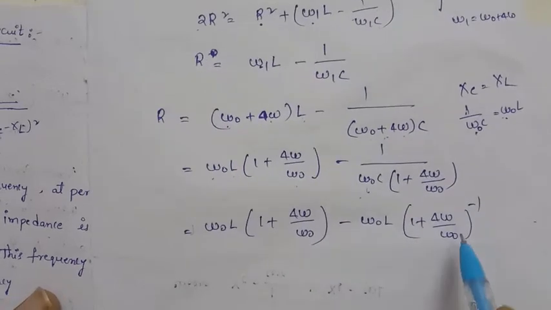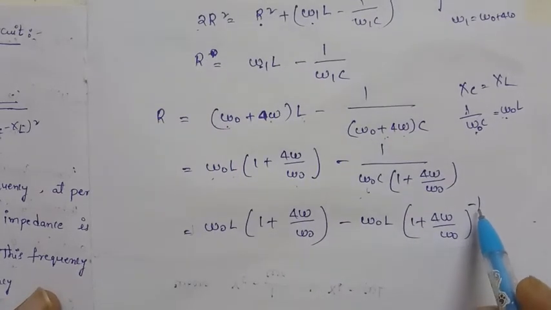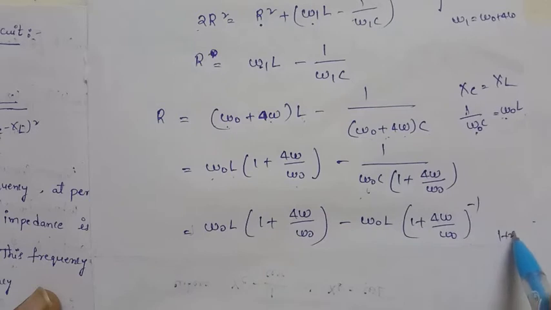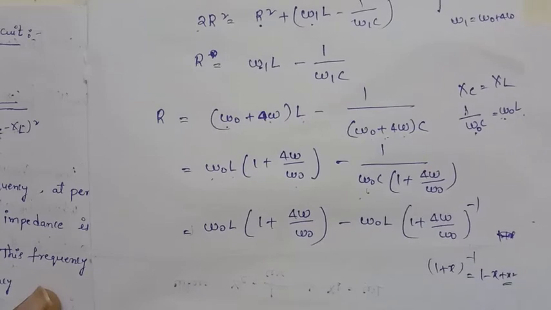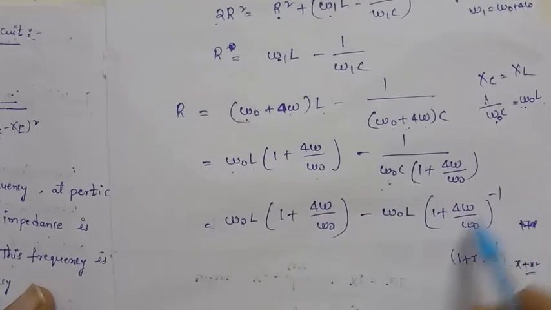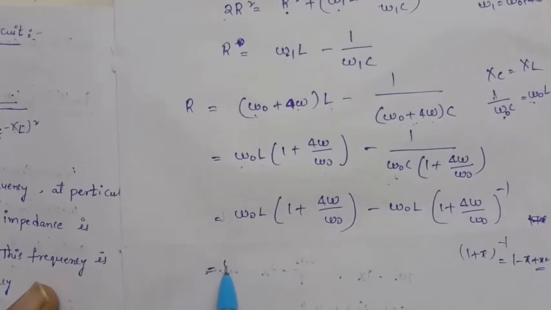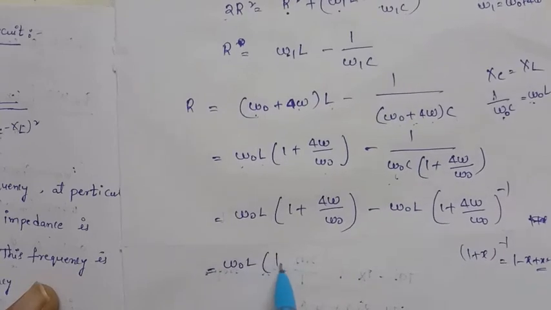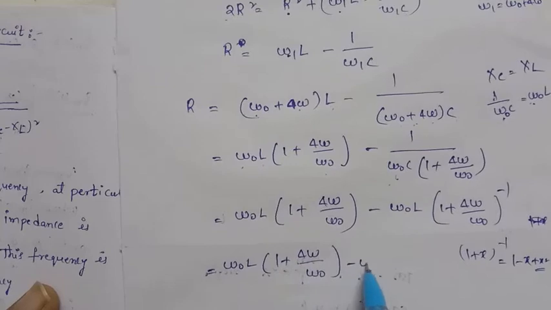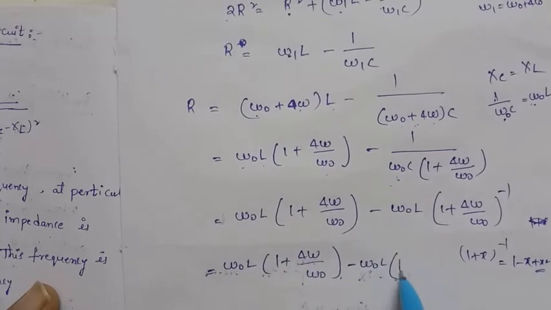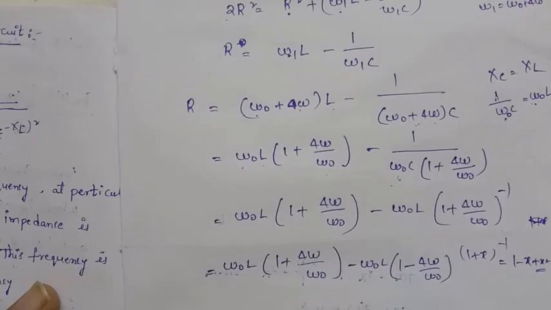According to the binomial expansion, 1 plus x whole power minus 1 equals 1 minus x plus x square, like that we get the formula. So this equation can be changed to omega naught L times 1 plus delta omega by omega naught, minus omega naught L times 1 minus delta omega by omega naught.